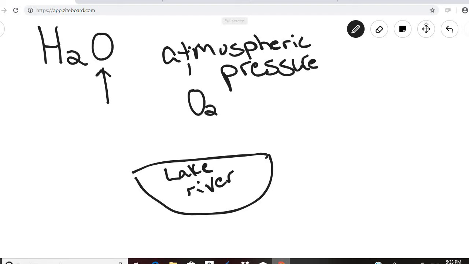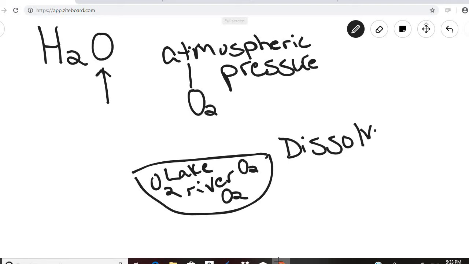The atmospheric pressure applies pressure to the oxygen, and it actually dissolves the oxygen in the water. So when an animal takes oxygen from the water, it is using up the dissolved oxygen in the water, not the oxygen that is part of the water molecule.